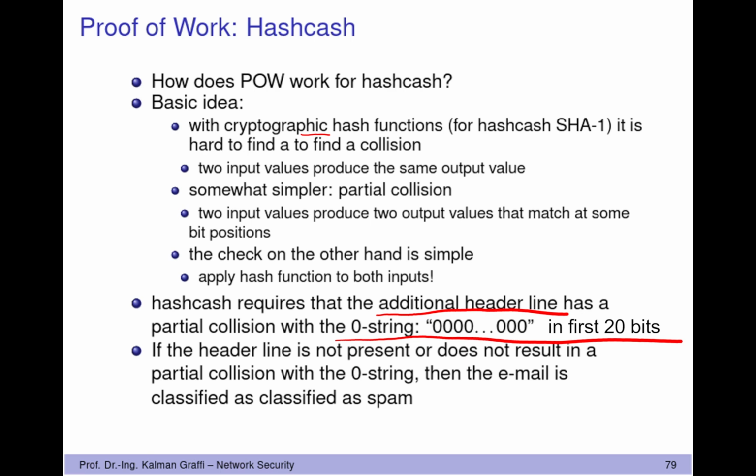That means that if you hash this email combined with this hash, then some part should result in 0 in the hash. It's exactly that, because you cannot predict it.